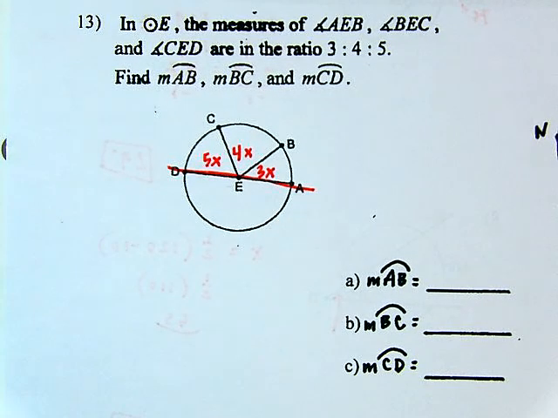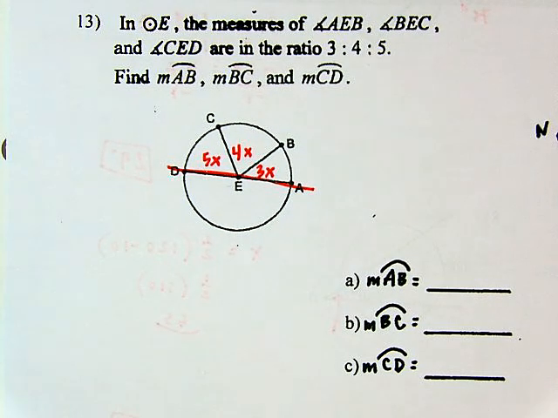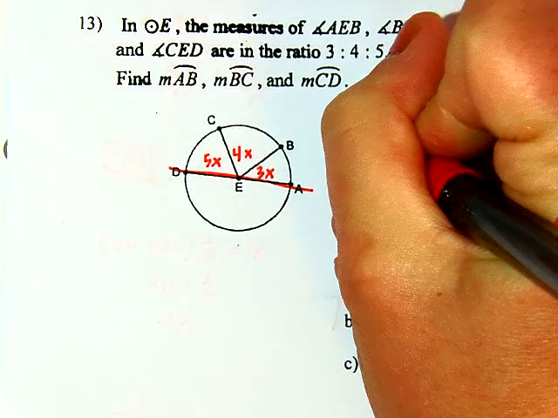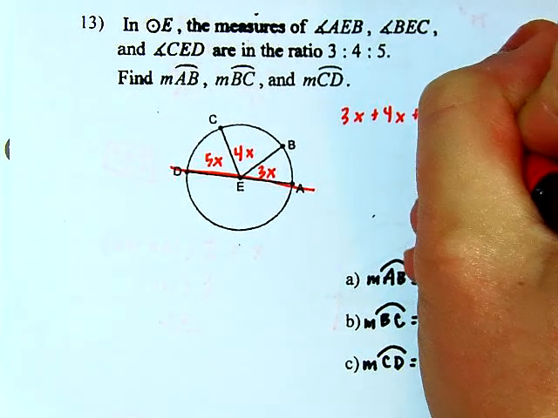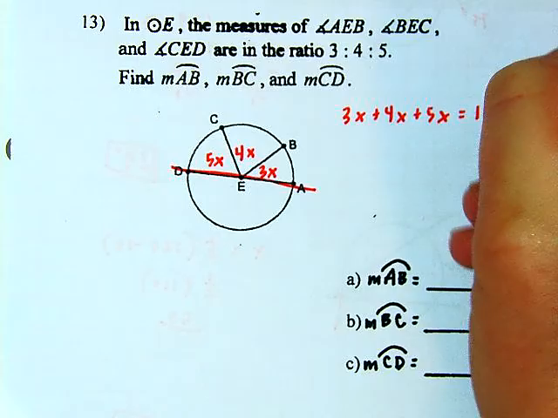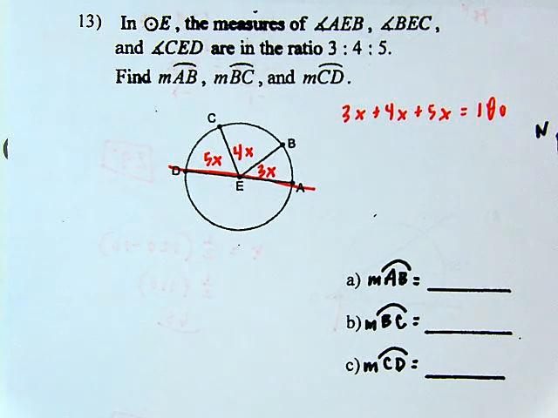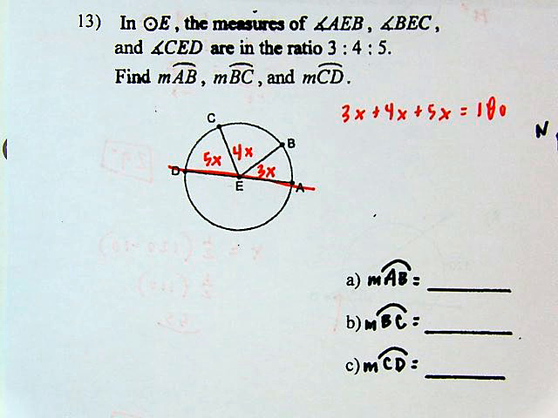So together, those have to add up to 180. So I have 3x plus 4x plus 5x is equal to 180. I need to figure out what is the multiplier that's being applied to the 3, the 4, and the 5 to make it angle measures that will sum to 180.